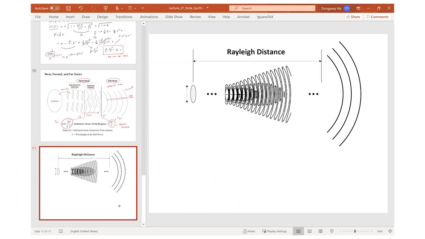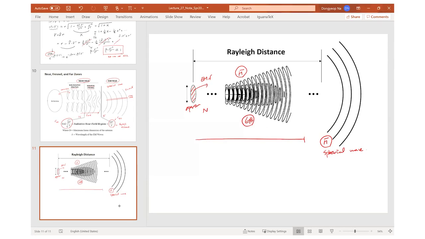In the near field, we have a non-radiated field. In the intermediate region, which is the Fresnel region, if the aperture radiates an EM field, it takes the form of a Gaussian beam. In the far field, they take the form of a spherical wave. The Rayleigh distance is the boundary between the Fresnel zone and the far field zone.